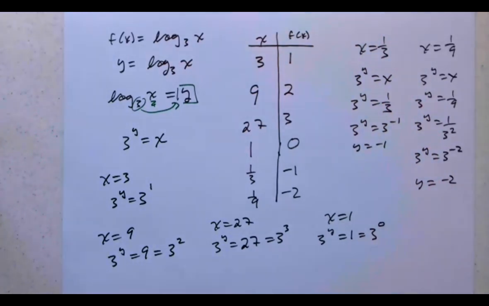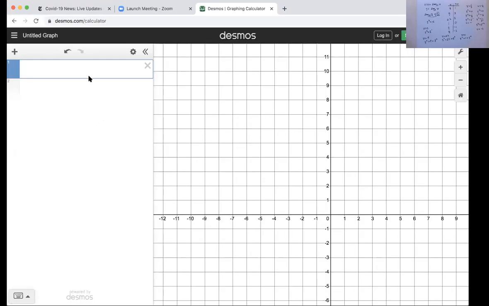So let's go ahead and go to Desmos and see if we can draw a graph with those points. So we have 3,1 and 9,2 and 27,3 and 1,0.